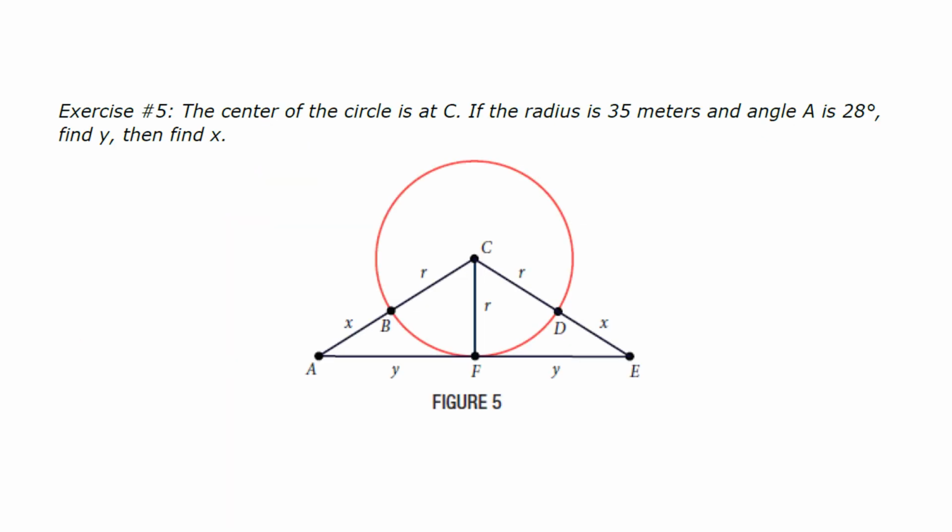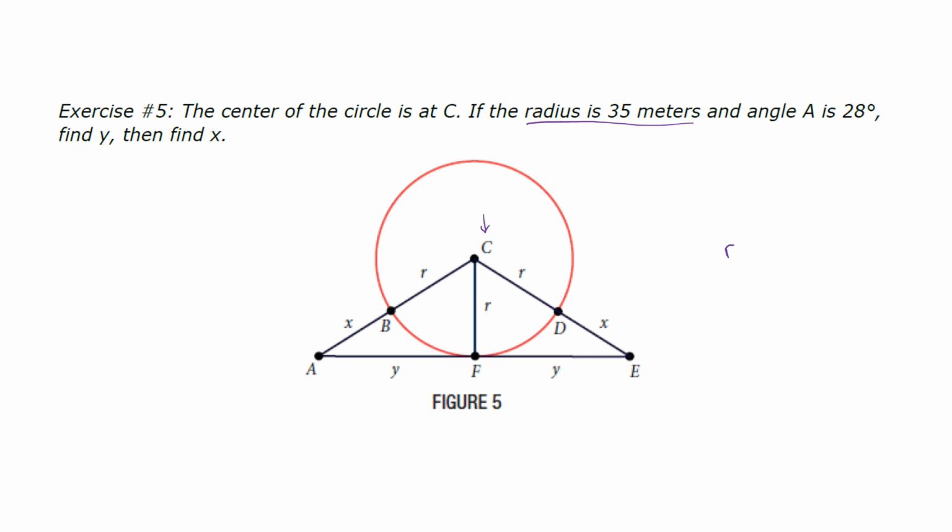Okay, exercise 5. The center of the circle is at C. If the radius is 35 meters and angle A is 28 degrees, find Y, then find X. So we have a circle here that's in red. The center is C, all right? And we are told that R is 35 meters.